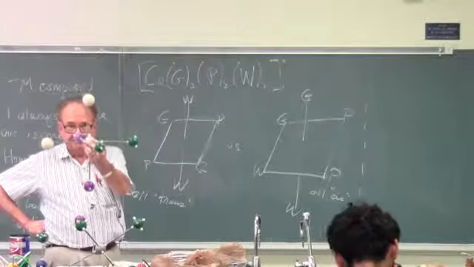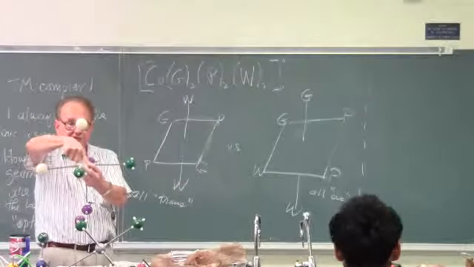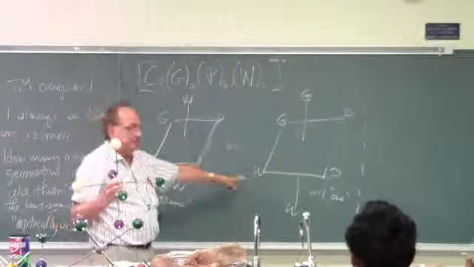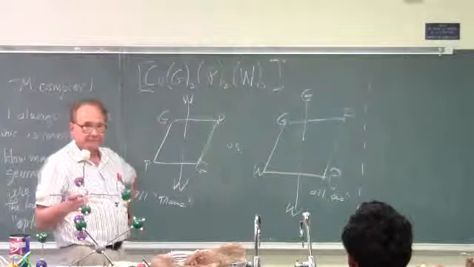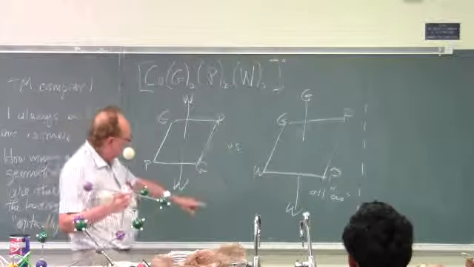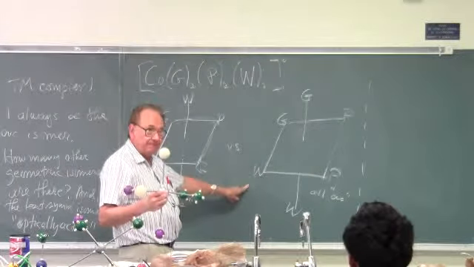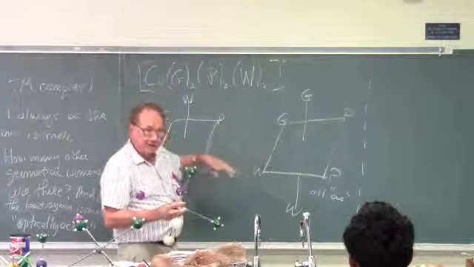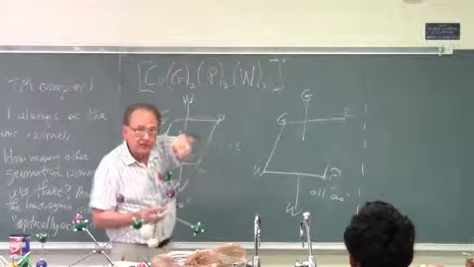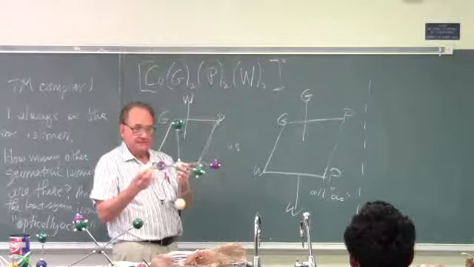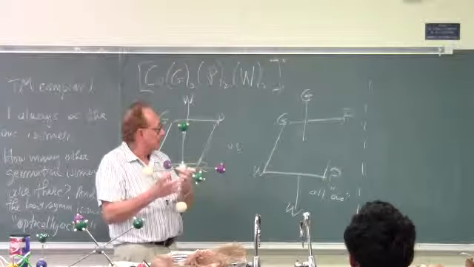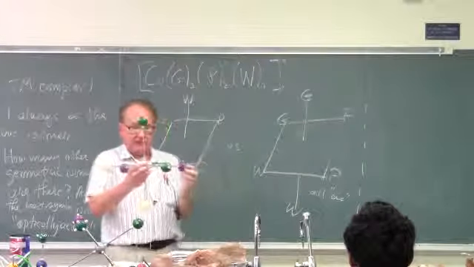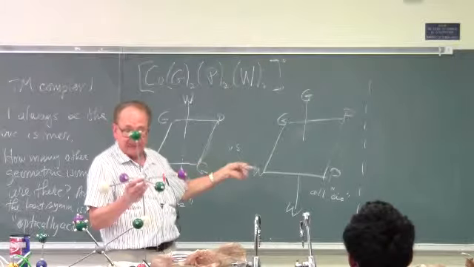Is this model, G's cis, W's cis, purples cis, the same as this thing? Now notice what this shows. W at the bottom. So we'll put a W at the bottom. And this W over here at a corner projecting toward you, over there. Okay? Here it is. Now over here I got P and P on the left side of the square. Here I got G and P. So this is so far not that.